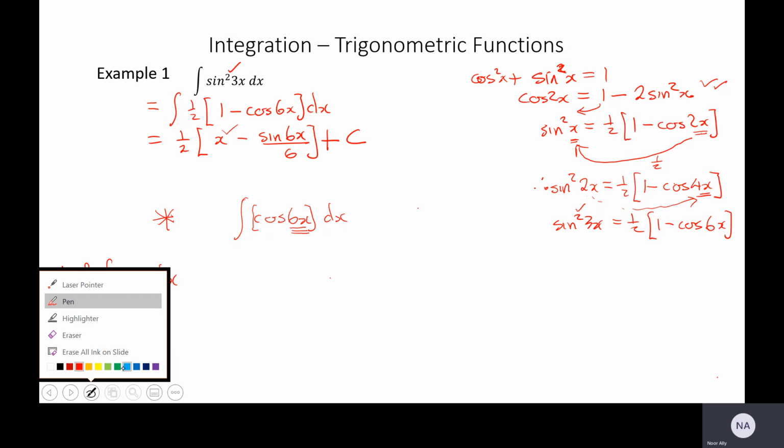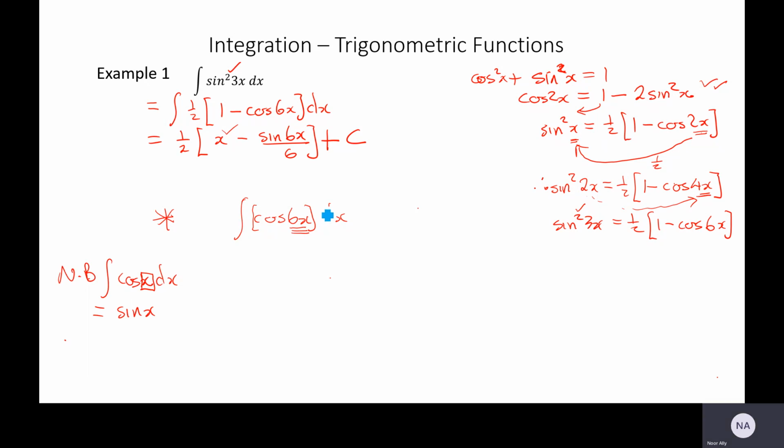And you can do this. However, if you do insert that, it will give you 6 times the original, so you compensate by putting 1/6 outside, because that 6 will neutralize that 6. It will cancel off. So we can say, I made that u. Therefore, the du is 6 dx. And you can verify that the long way.